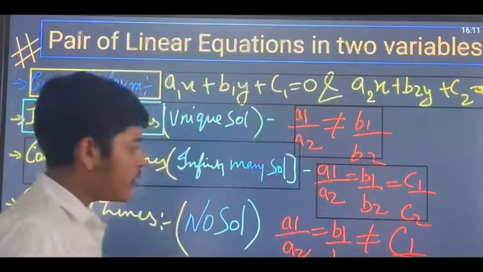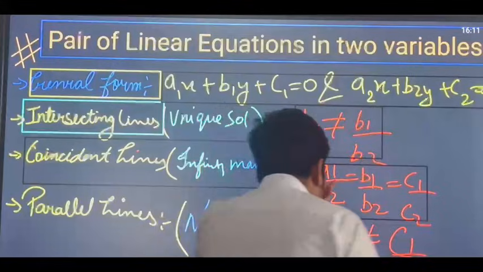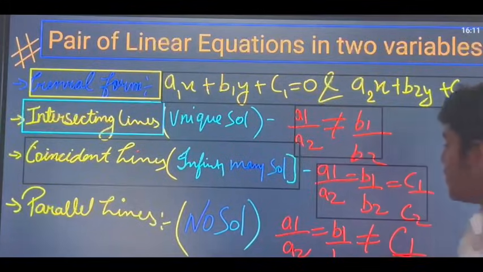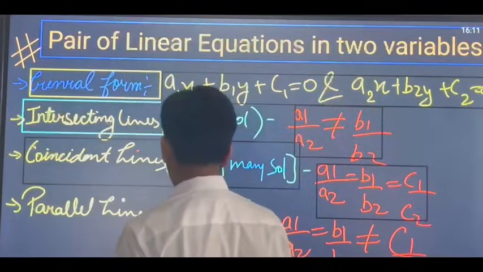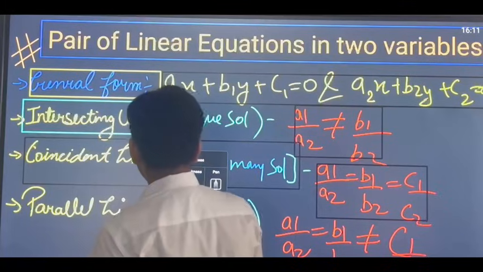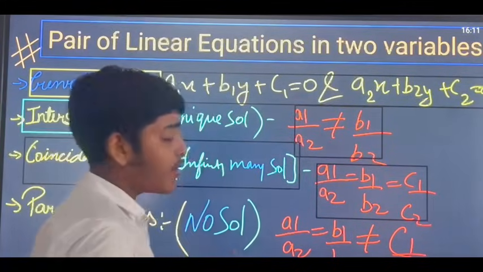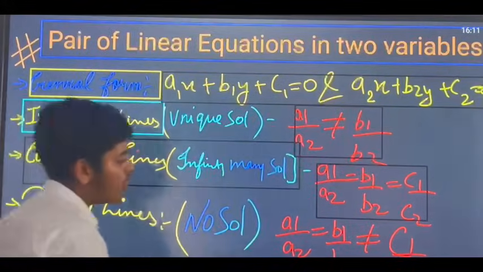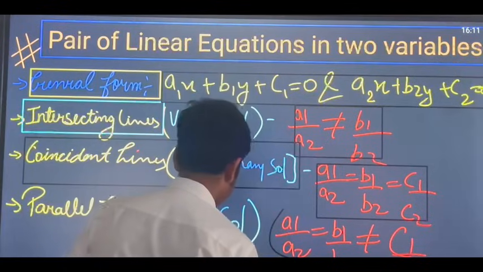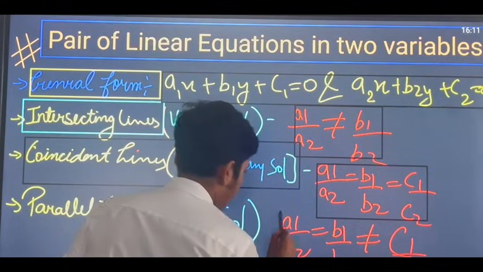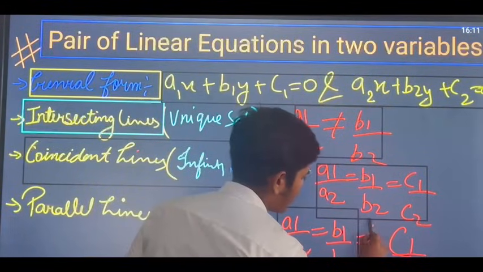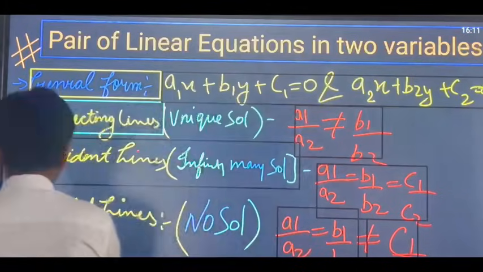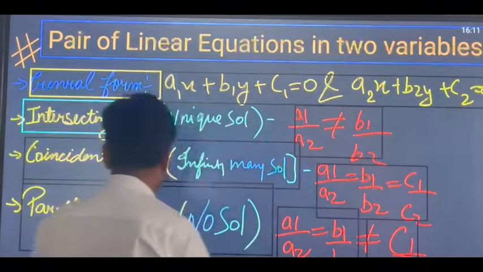That means a1 upon a2 will be equal to b1 upon b2, but not equal to c1 upon c2. Why? Because it has no solutions. It's a parallel line and no solutions are there.